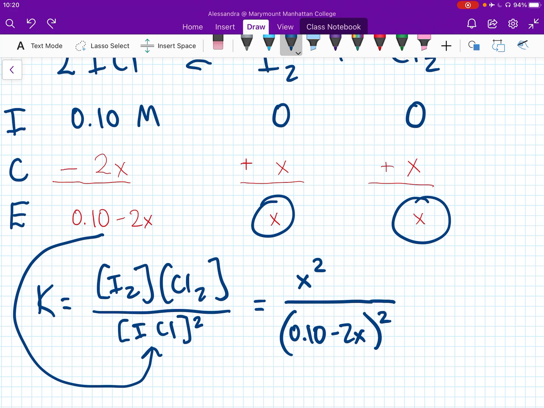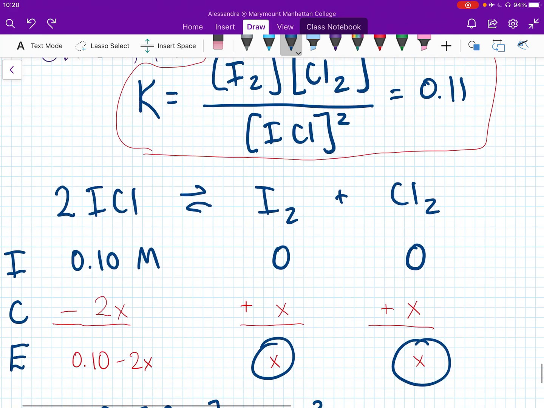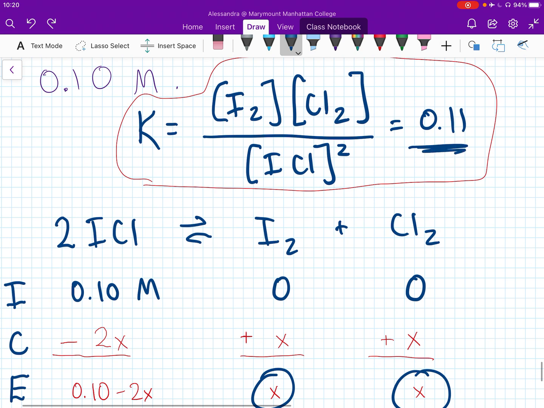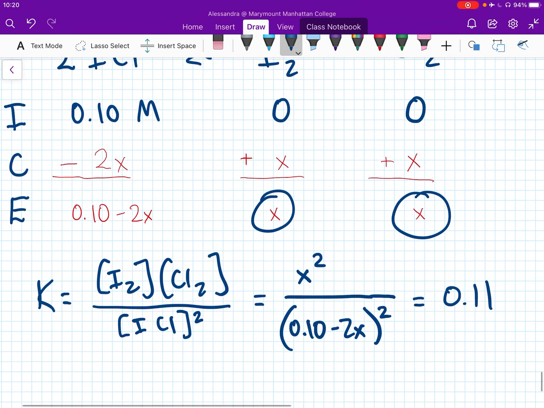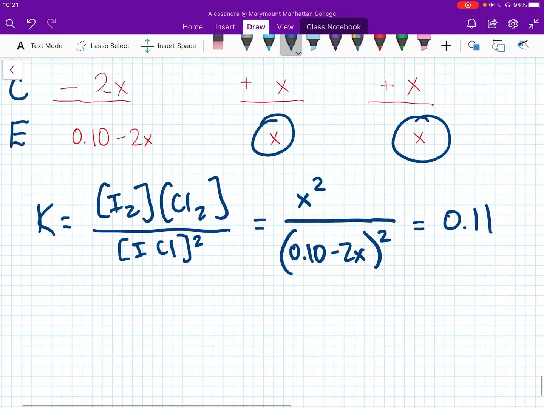Okay, so we can take a moment and put that down. I know what K is because I was told in the problem that the equilibrium constant is 0.11. So this is going to be equal to 0.11. All right, now this is an equation that could be hard or easy to solve depending on the structure of it.